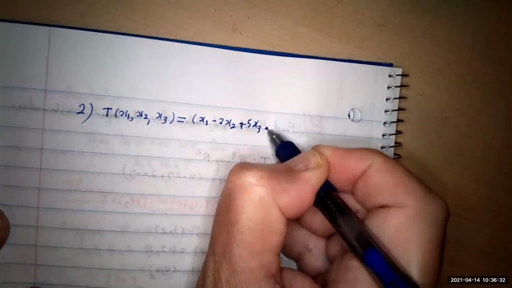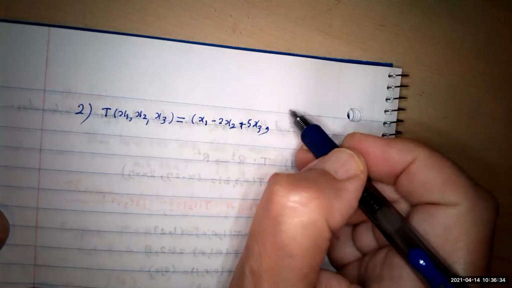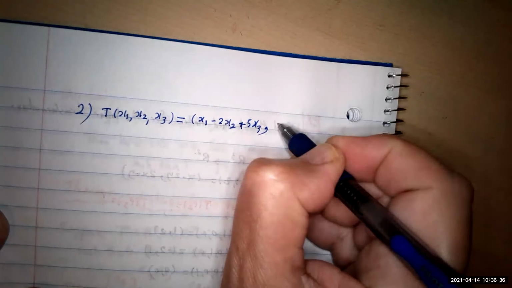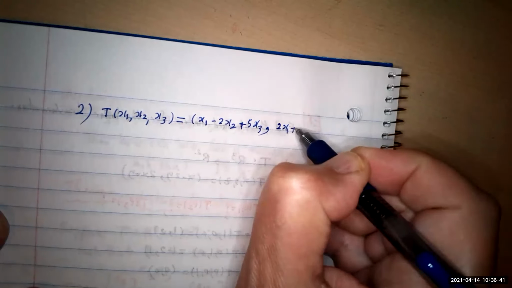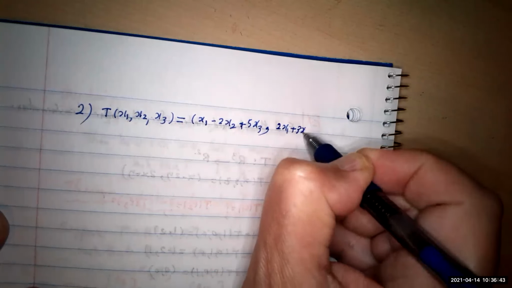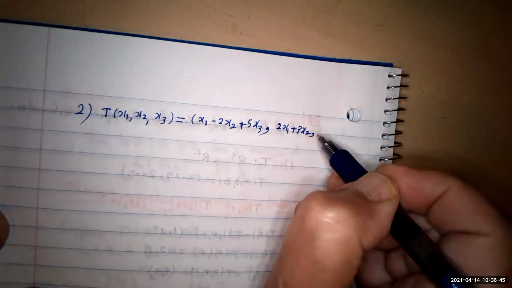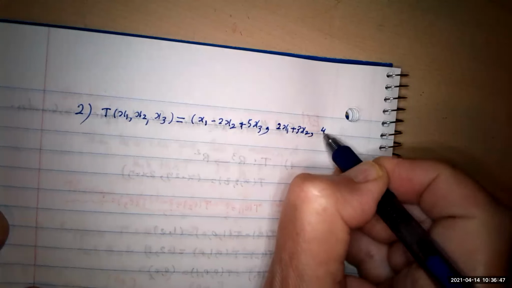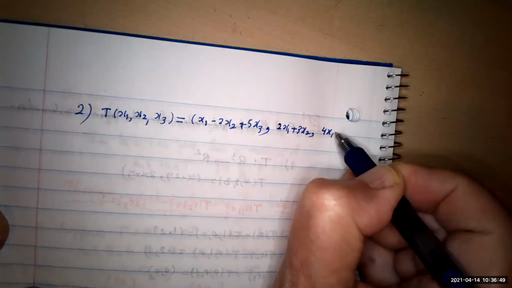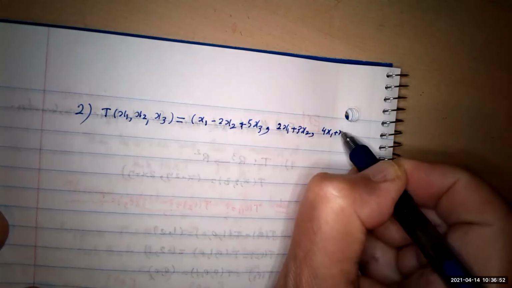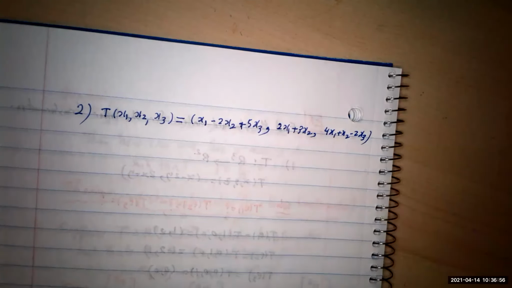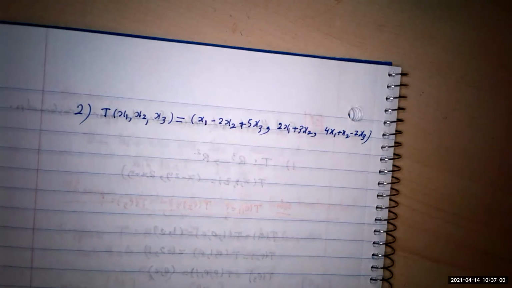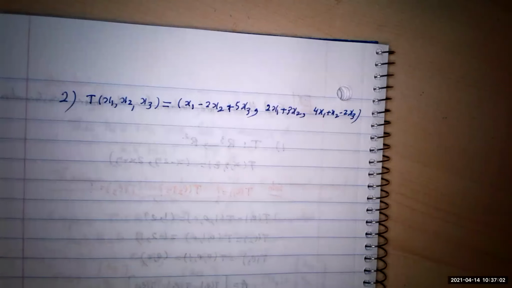That's the first component, and the second component is 3x2, and the last one is 4x1 plus x2 minus 2x3. When I post your practice quiz, you will see quite a lot of these, and also in your assignment. As you can see, this function T is from R3 to R3.